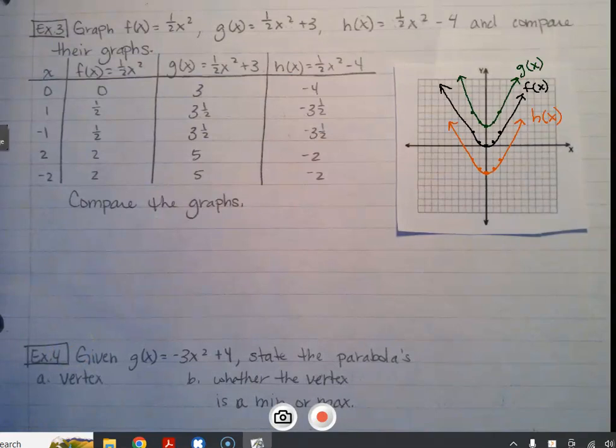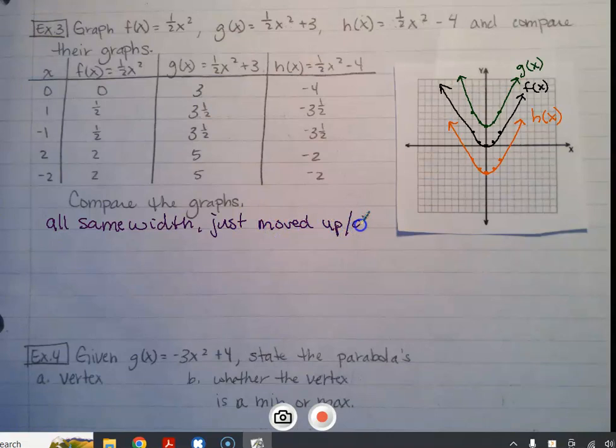Okay, so great conversation pieces there. So we notice that they're all the same width. Just moved up or down. Fantastic. So if we look at the equations of all of those, what is different?